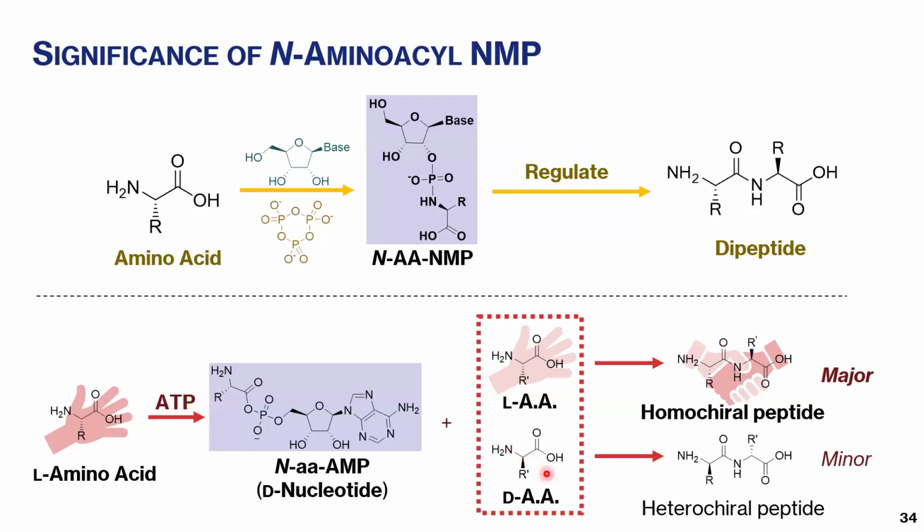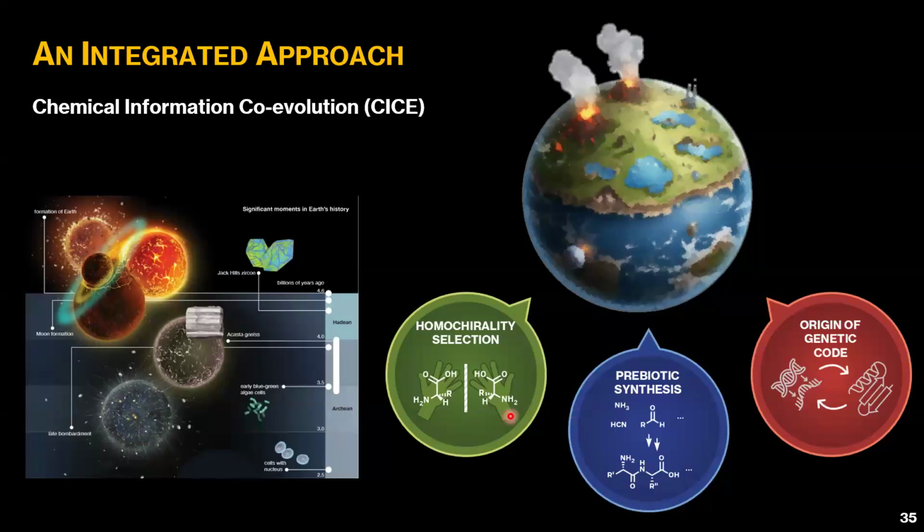When the D-conformation nucleobase used by early organisms is present, the L-conformation amino acid is selected. So the origin of prebiotic synthesis, homochirality, and the genetic code we discussed before are the three cornerstone problems in the study of life's origin.